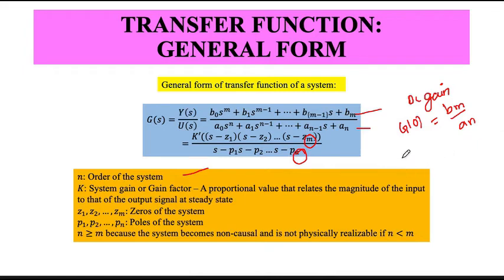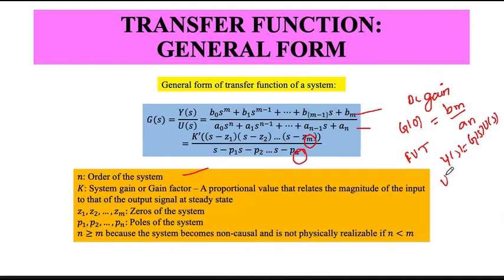If you are wondering where this comes from, it is just an application of the final value theorem, s going to 0, to the output Y(s) is equal to G(s) U(s).